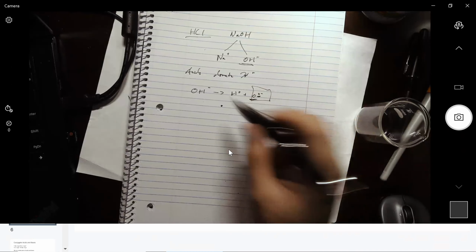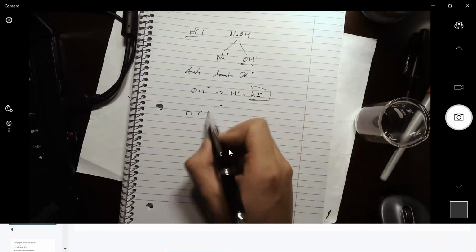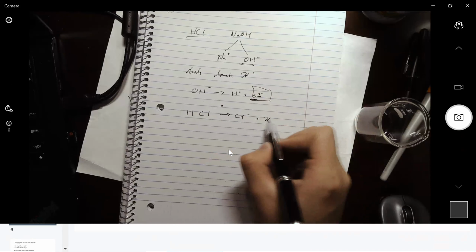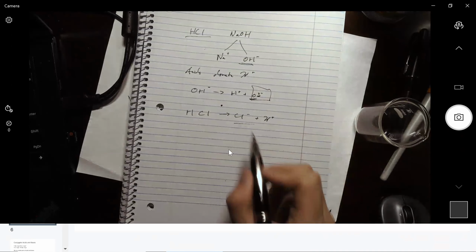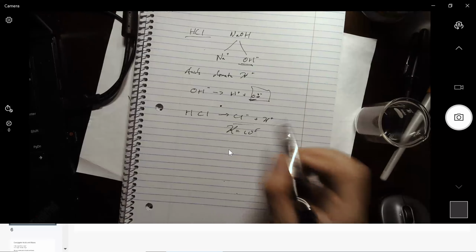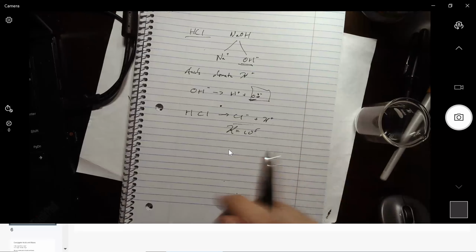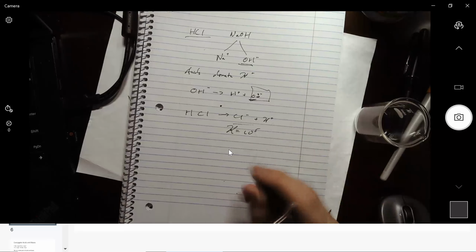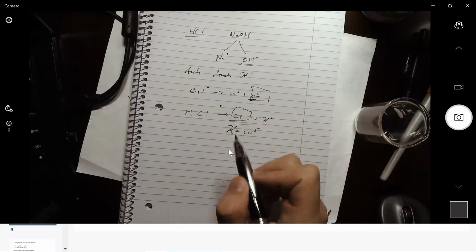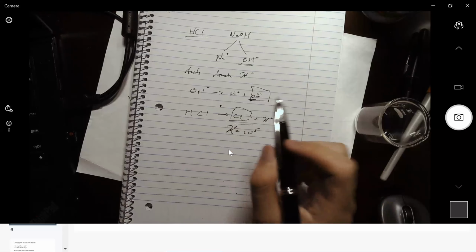On the other hand, this is a very favorable reaction. K equals like 10 to the fifth power or something like that, because we form this very stable chloride ion. So chloride is very stable.